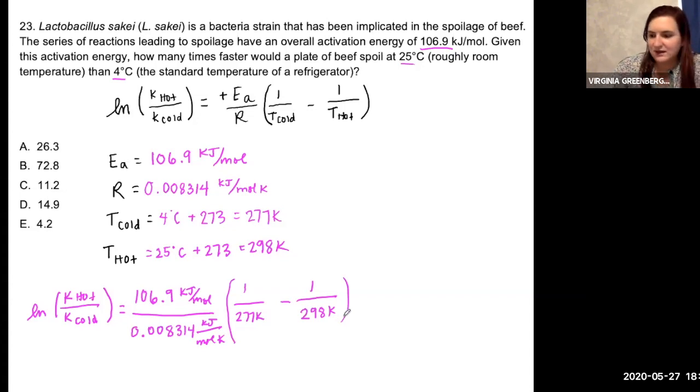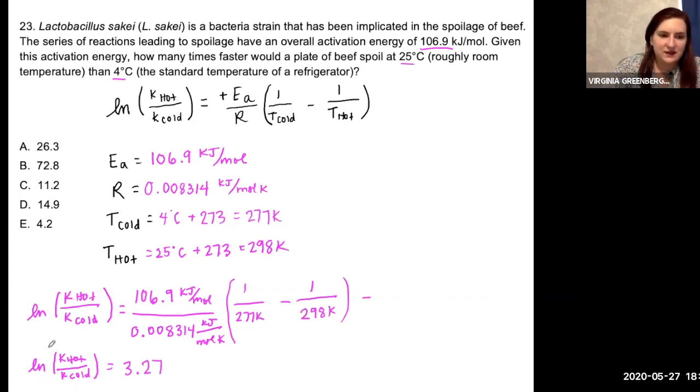And that ends up being right here, 3.27.